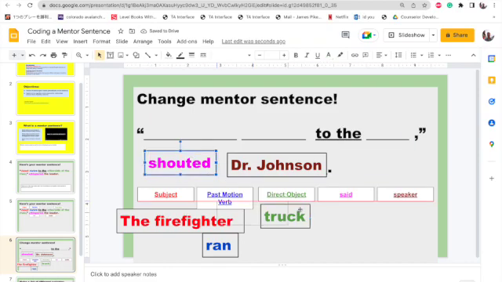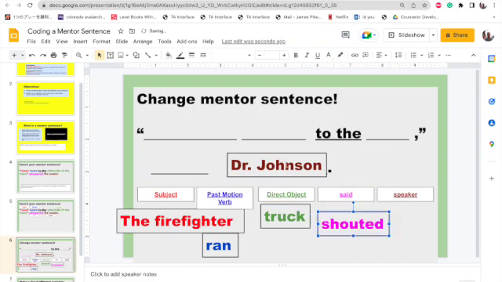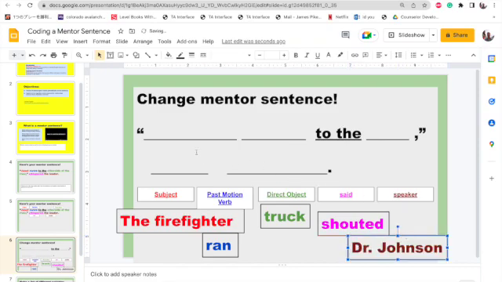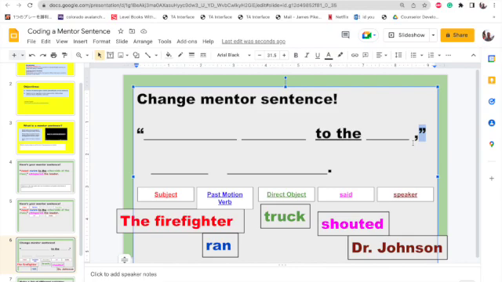How did the speaker say it? They shouted it. And who said it? Why, that was Dr. Johnson. And look what we're left with. We're left with our sentence frame. We have our quotation marks, and this says that somebody is speaking and the words that they are saying.